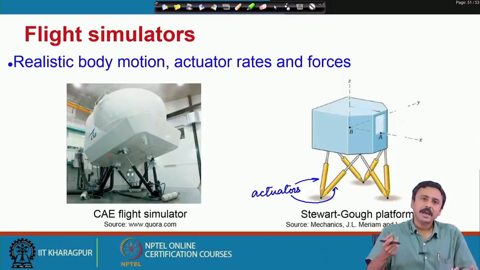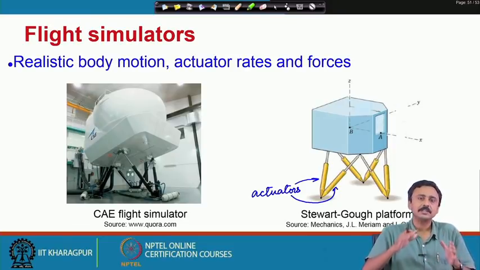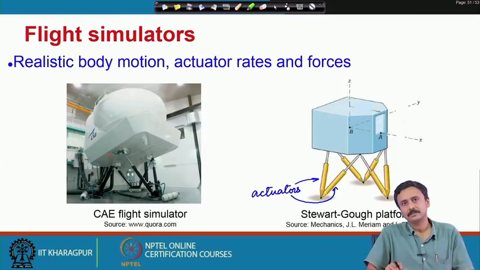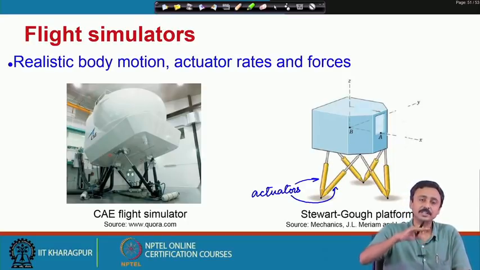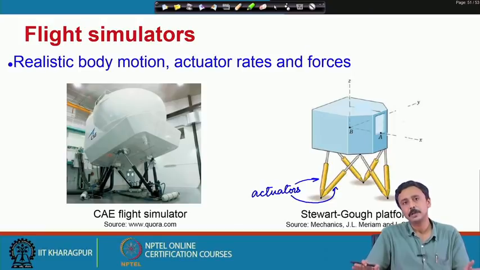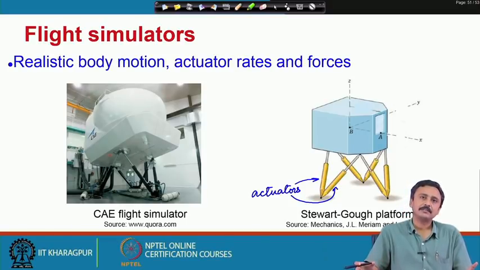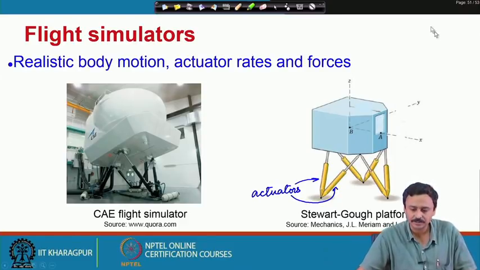What will be the actuator rates in order to produce a certain motion, and the forces in order to generate a certain feeling for the pilot, the forces to move the capsule and to generate a certain kind of velocity or disturbance, which will simulate, let us say, an air pocket or a turbulent atmosphere? These are the issues that are discussed under kinematics again for these kinds of mechanisms.